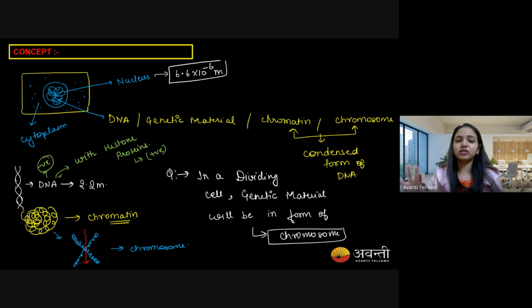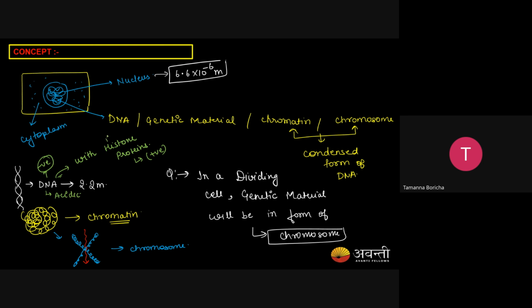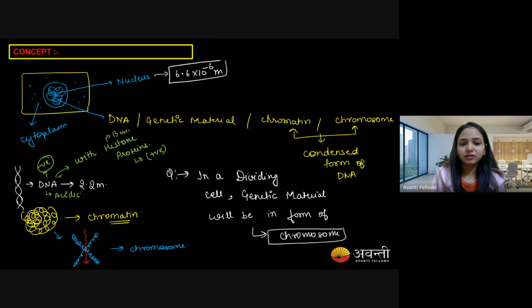DNA is negatively charged, histone is positively charged, as well as DNA is acidic in nature and histone proteins are basic in nature. So there is an opposite attraction between DNA and histone protein. So DNA will pack itself with the help of which protein? Histone protein.